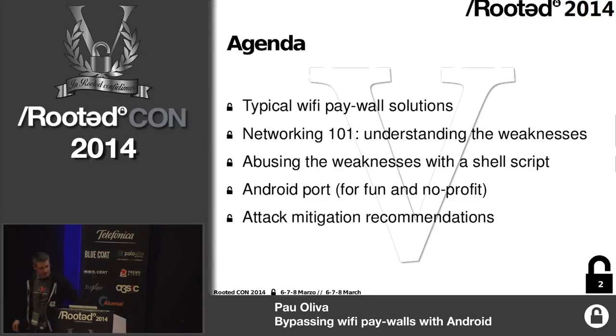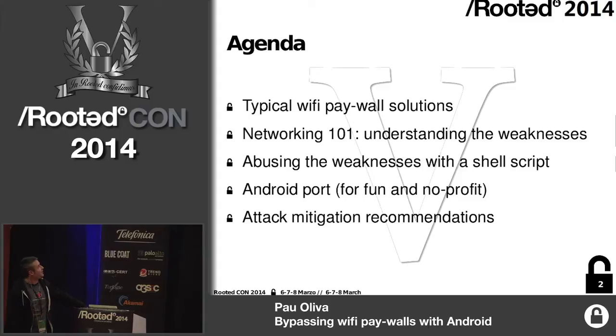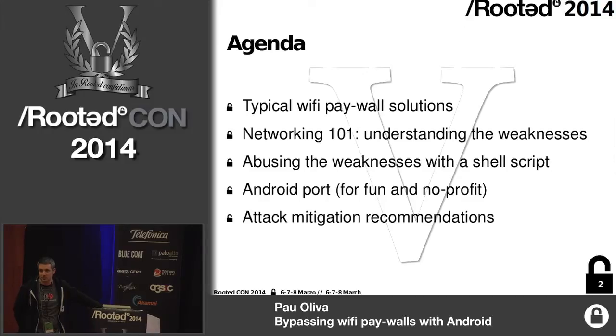The topic I will present today is bypassing Wi-Fi paywalls with Android. I will tell you how hotspots and Wi-Fi captive portals work. Then we have to understand the vulnerability.